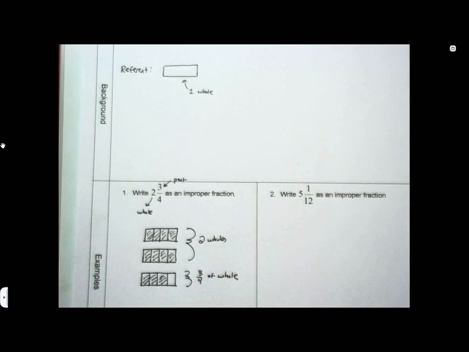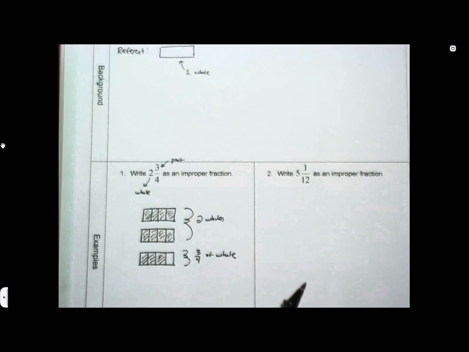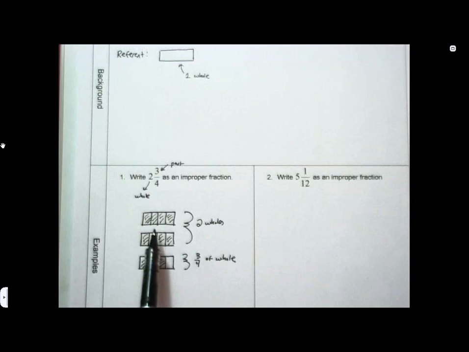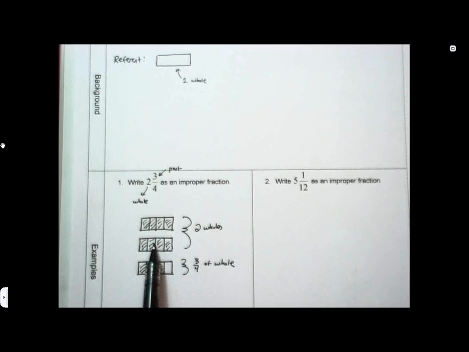Okay, now what you should see is that all those pieces are the same size. So if I want to write this as an improper fraction, all I'm going to do is count the smaller pieces. So if I count all the smaller pieces, I've got 4 here, I've got 4 here, and then I've got 3 here. So 4 and 4 is 8, and 3 is 11.